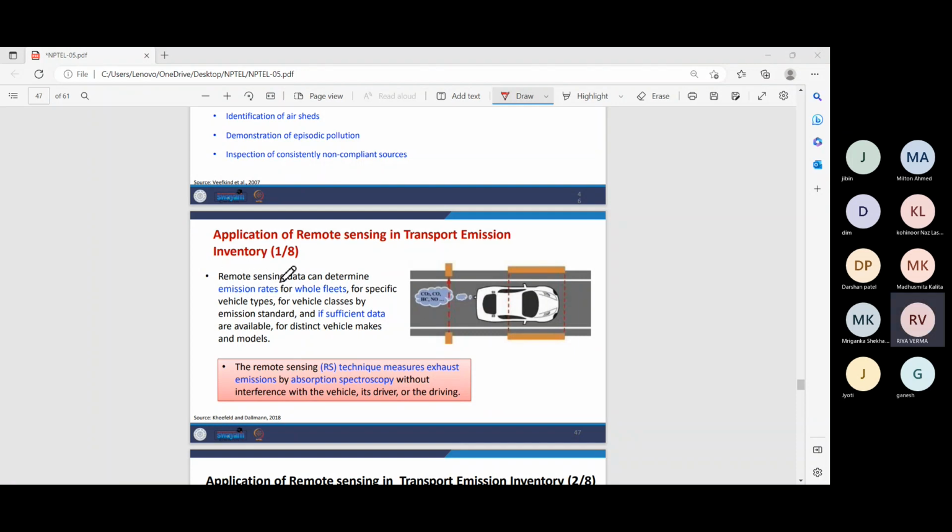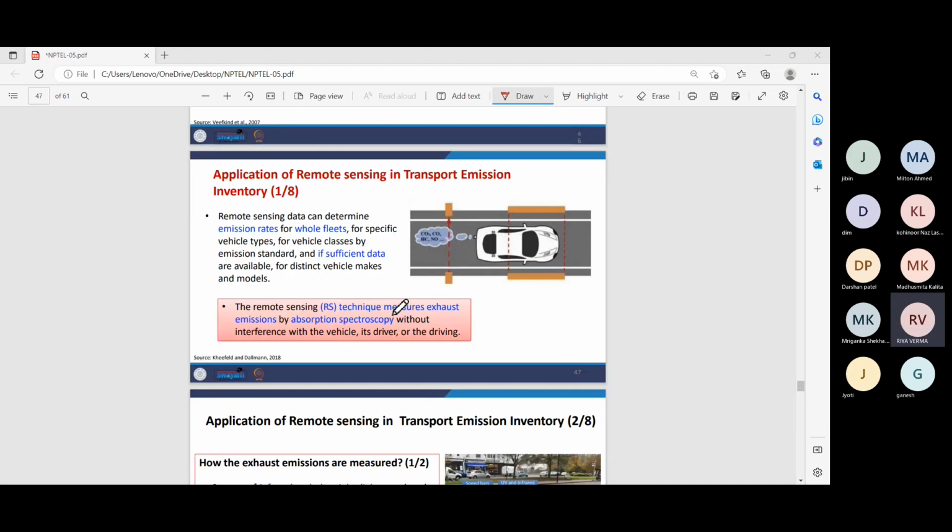And if sufficient data is available, it can also be used for distinct vehicle mix and models. So the remote sensing technique measures exhaust emissions by absorption spectroscopy, without interference with the vehicle, its driver or the driving modes.